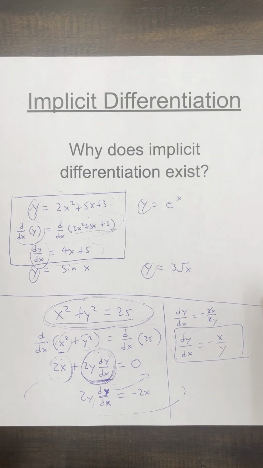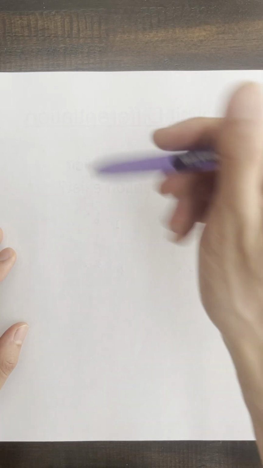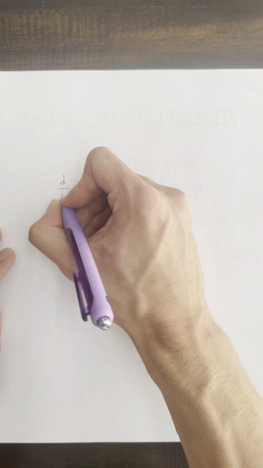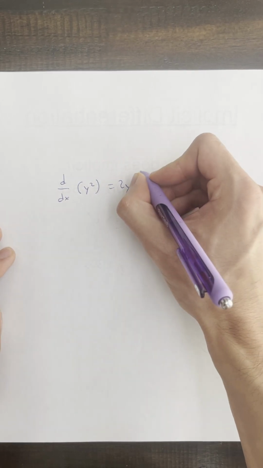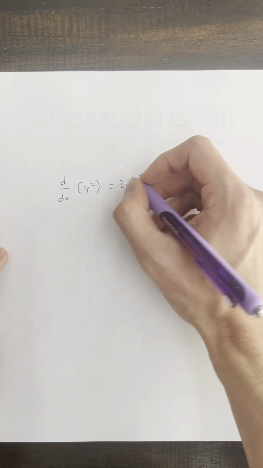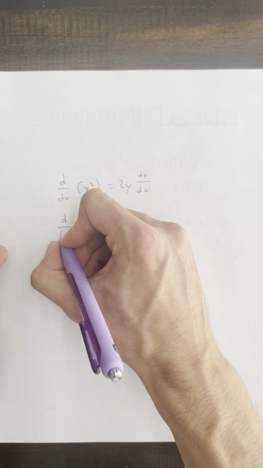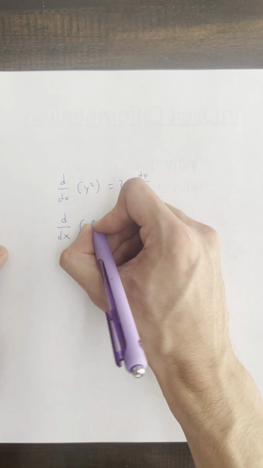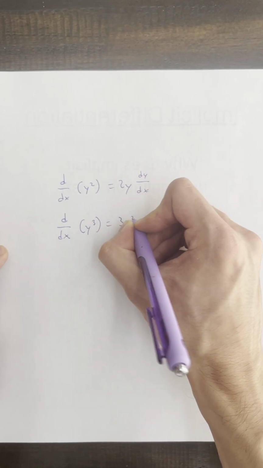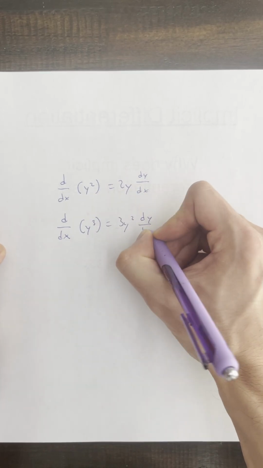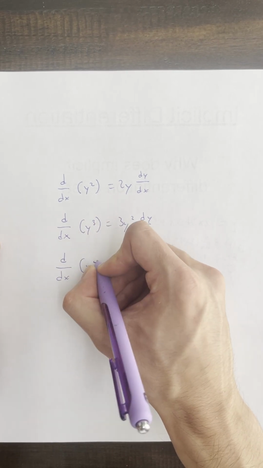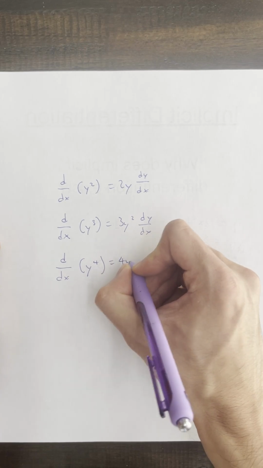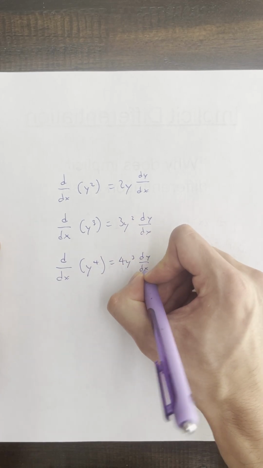We'll cover that in the next video, and here's what else we will talk about. So you'll learn why d dx of y squared is equal to 2y dy dx. And you'll also learn how come d dx of y cubed is equal to 3y squared dy dx. You could also say d dx of y to the power of 4 is equal to 4y cubed dy dx.